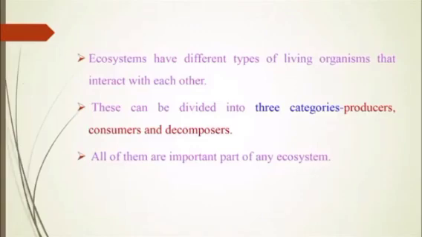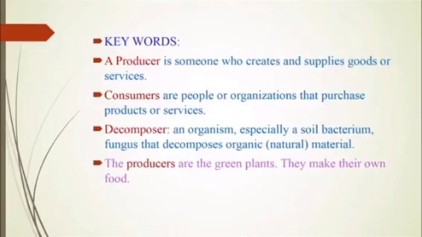Ecosystems have different types of living organisms that interact with each other. These can be divided into three categories: producers, consumers and decomposers. All of them are important part of any ecosystem. Now let's see some keywords: a producer, consumers and decomposer.